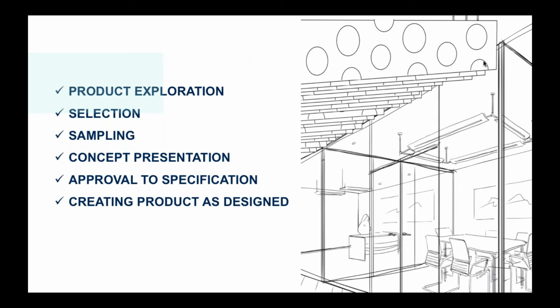Whether a designer is specifying a standard or custom product, there's one timeline that is common with the process: product research and exploration, selection, sample evaluations, a concept or client presentation, and finally, approval for specification.